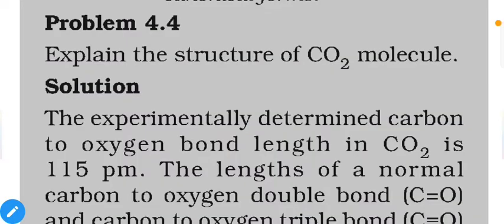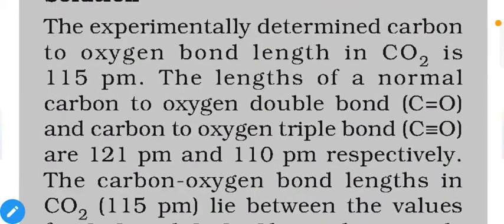The next problem is about the CO2 molecule. The experimentally determined carbon to oxygen bond length in CO2 is 115 picometres. The length of the normal carbon to oxygen double bond, C double bond O, and carbon to oxygen triple bond, C triple bond O, is 121 and 110. That means in carbon dioxide, the bond length is between double and triple bond.